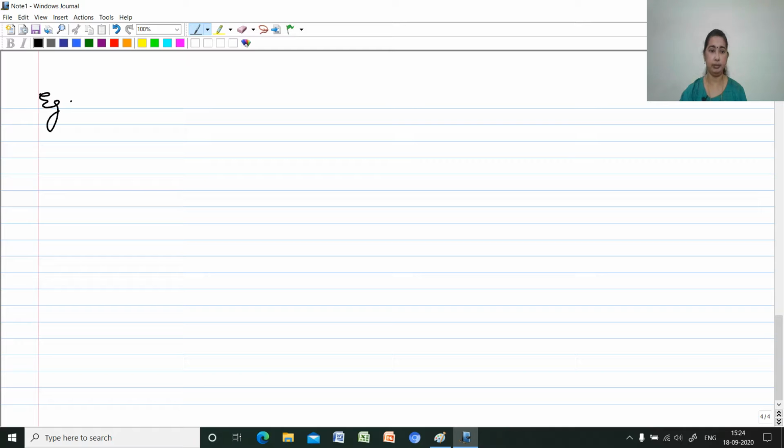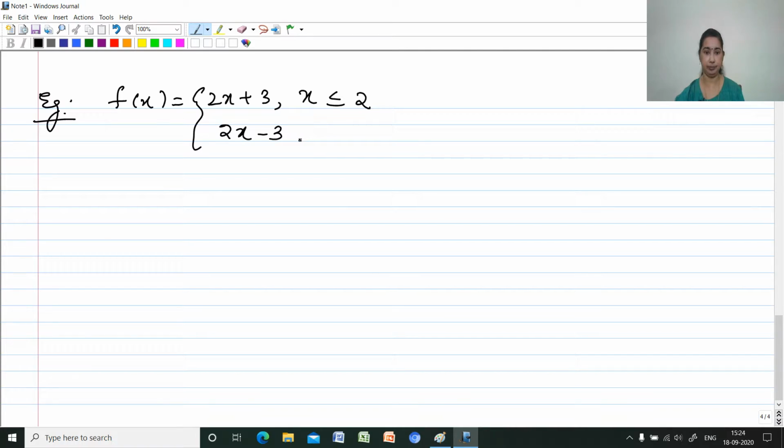Now one example. Let the function be given as f of x is equal to 2x plus 3 when x is less than or equal to 2, and 2x minus 3 when x is greater than 2. Find all points of discontinuity.